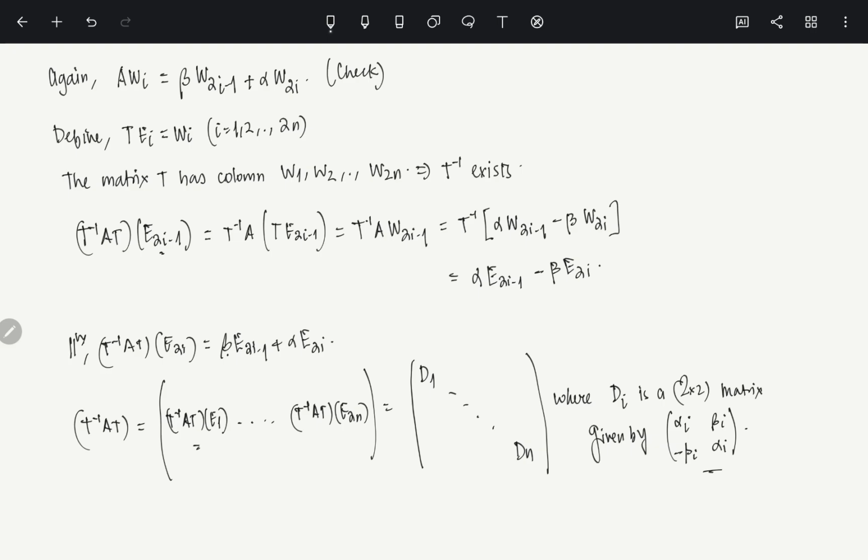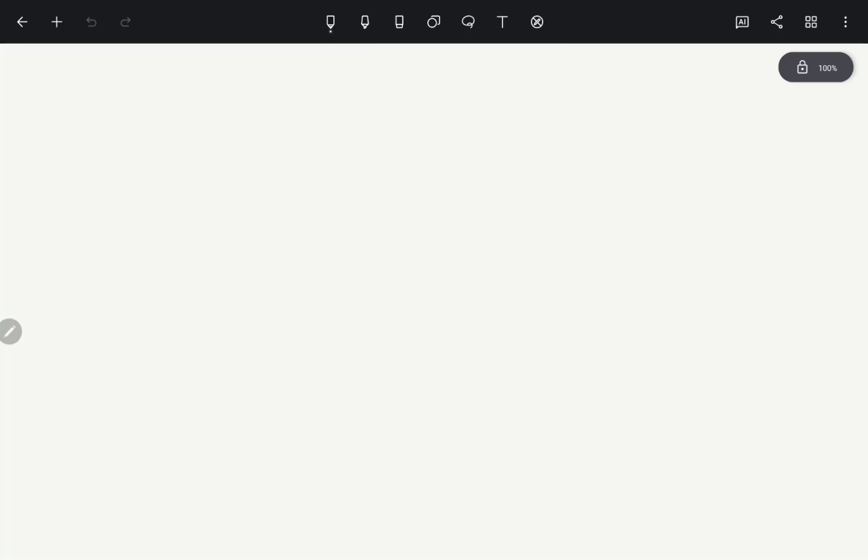So the theorem which you are going to get is this. Let A be an n by n matrix with distinct eigenvalues.